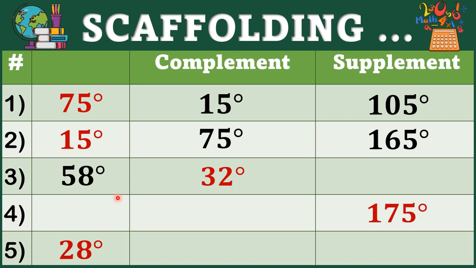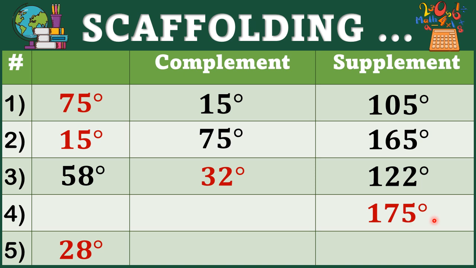From this idea, 58 degrees will be your basis already. Subtract this from 180 degrees to get its supplement, and that would be 122 degrees. I hope that is clear to you. Now let's proceed to number 4.